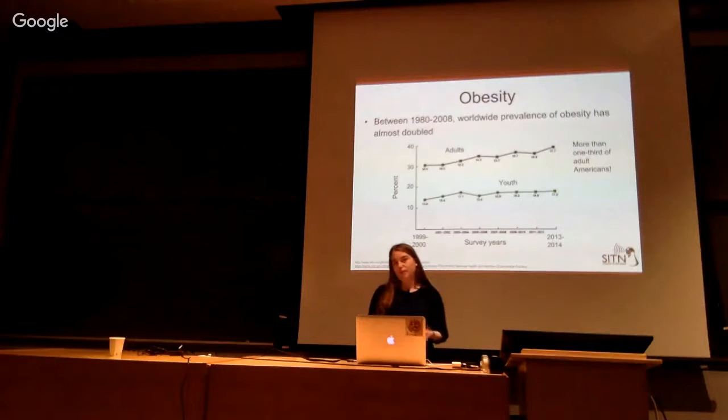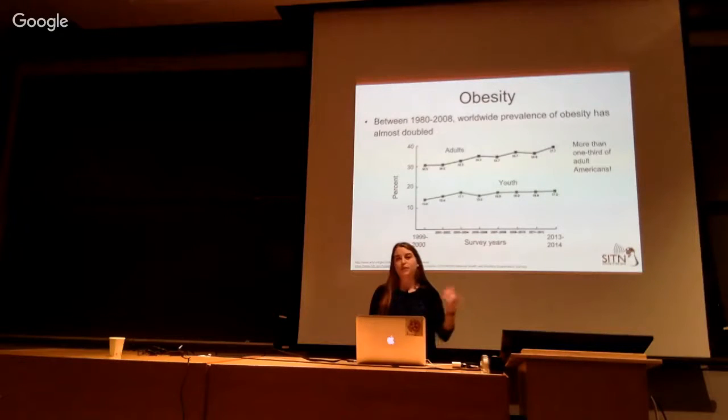So as most of you are probably aware, obesity is a worldwide epidemic, and particularly in America. Between 1980 and 2008, the worldwide prevalence of obesity almost doubled. If you look at this graph here, the x-axis shows years from 1999 to 2014, and the y-axis shows the percentage of people who qualify for the clinical definition of obesity in that year.